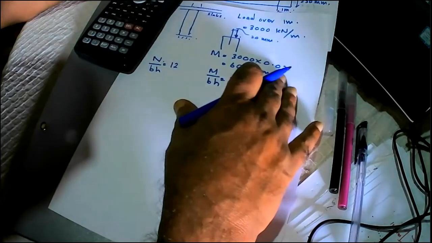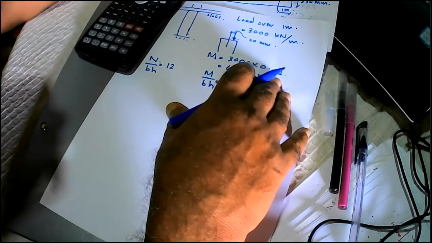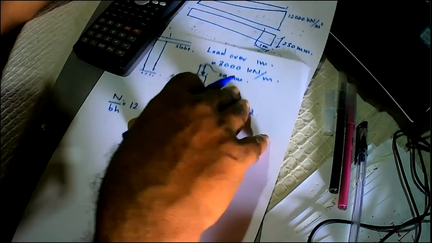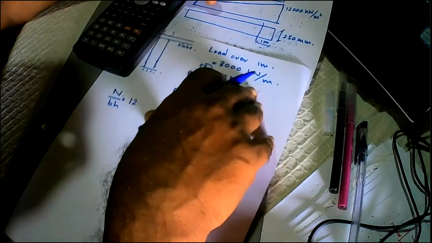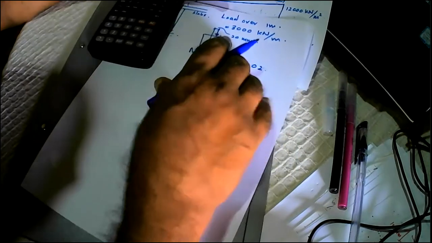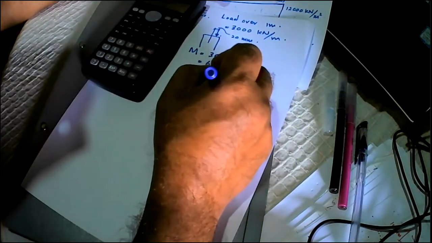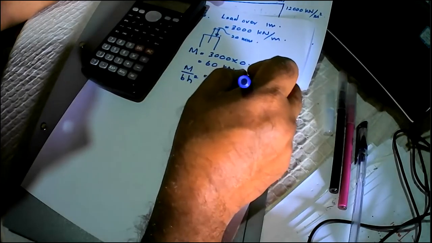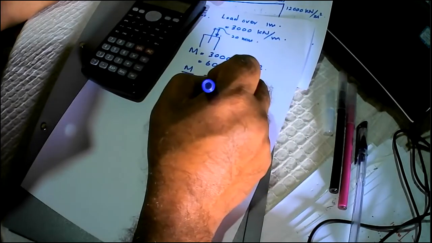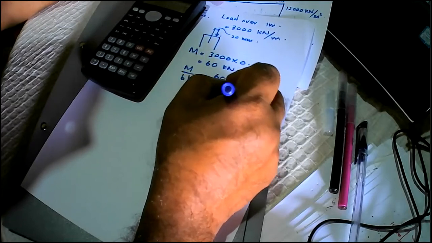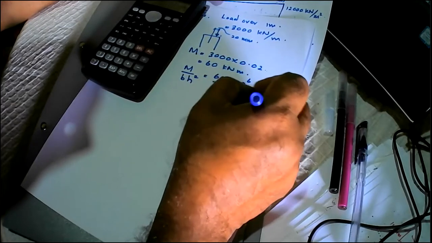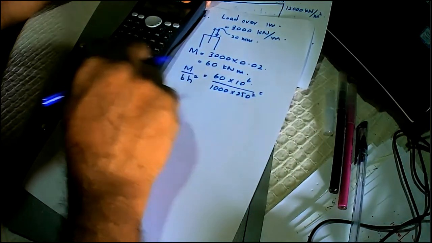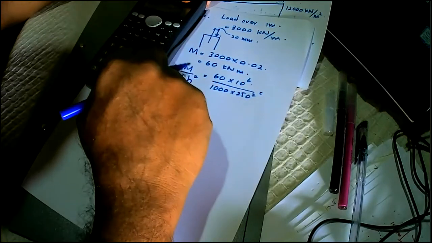So 12,000 kilonewtons per meter squared is equal to 12 newtons per millimeter squared. And here M over BH squared is out of plane moment, 60 into 10 to the power 6 divided by 1000 by 250 squared. So that is the width of the wall. So you get 60 divided by 250 squared.